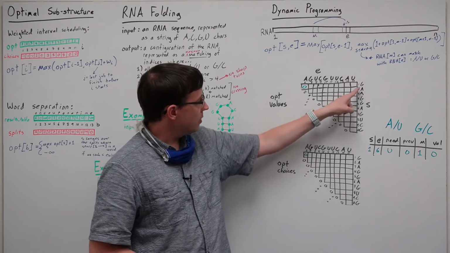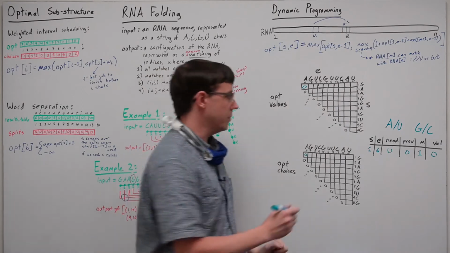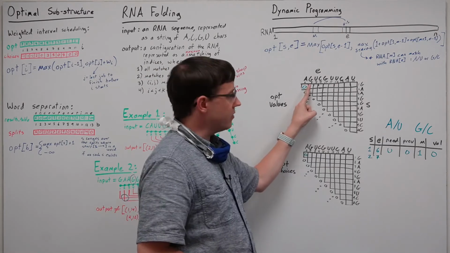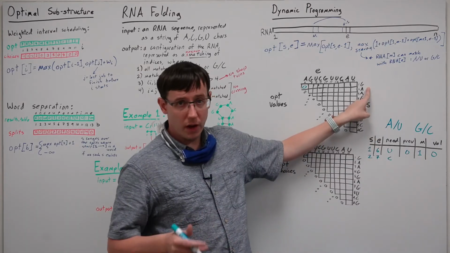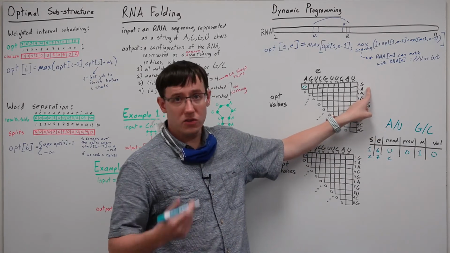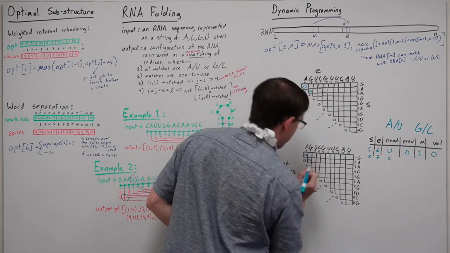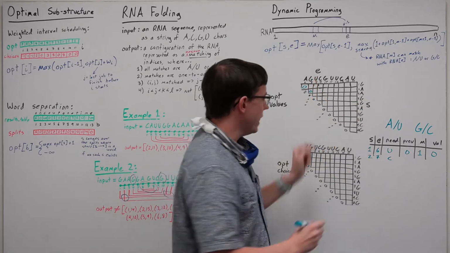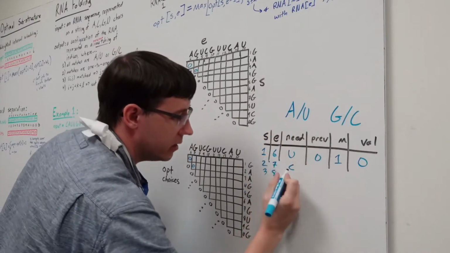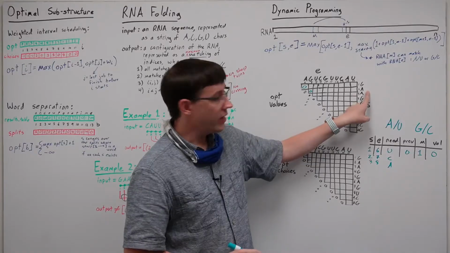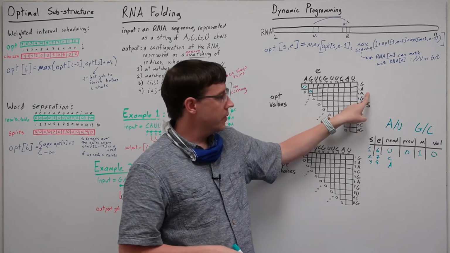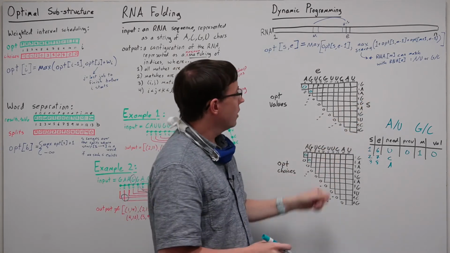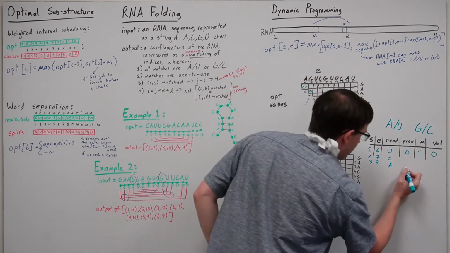Our next subproblem is from 2 to 7. Index 7 has a G, so we need a C, and index 2 is not a C, so again we are going to get 0. For the subproblem from 3 to 8, we have a U and need an A, and that is in fact the character at index 3, so our previous is still 0.